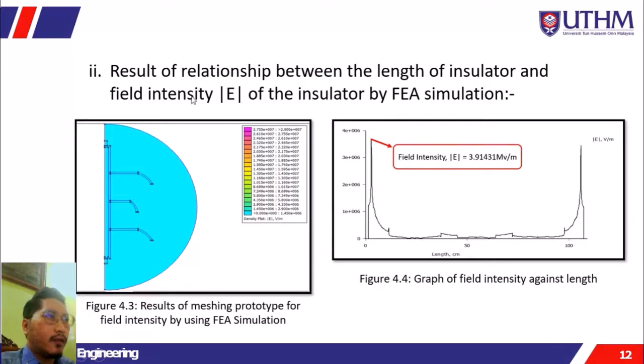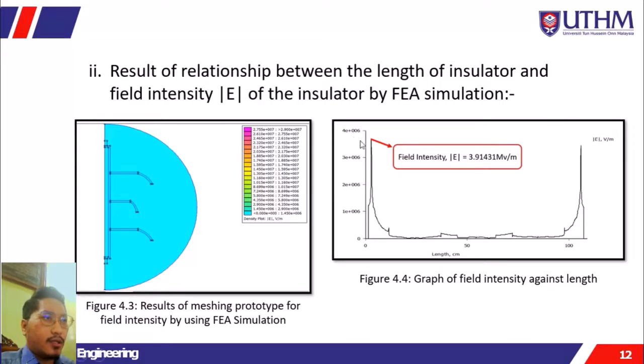Now I will show our other result, which is regarding the relationship between the length of the insulator and the field intensity of the insulator by FEA simulation. Then we got this result. From this meshing prototype we run to get the graph of field intensity against length.